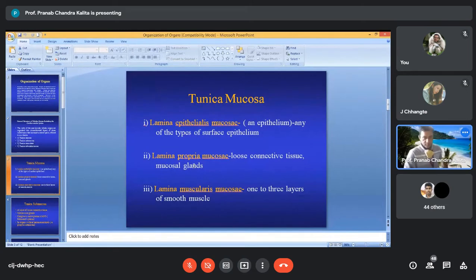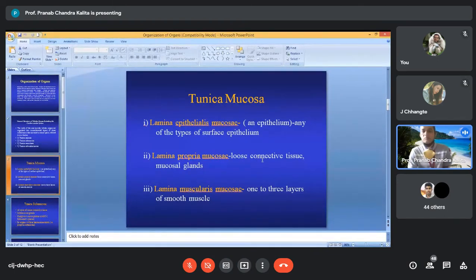So the first one, the lamina epithelialis, contains epithelium, depending upon its function, secretory or protective. When we come to the lamina propria mucosae, its main function is usually defense, as it contains lymphocytes.